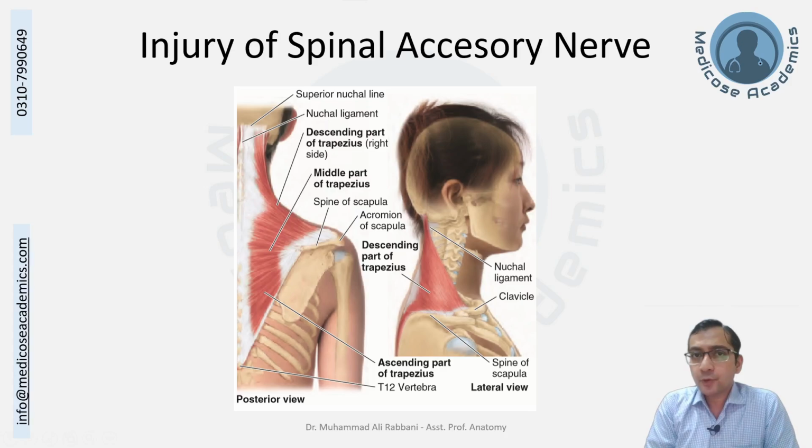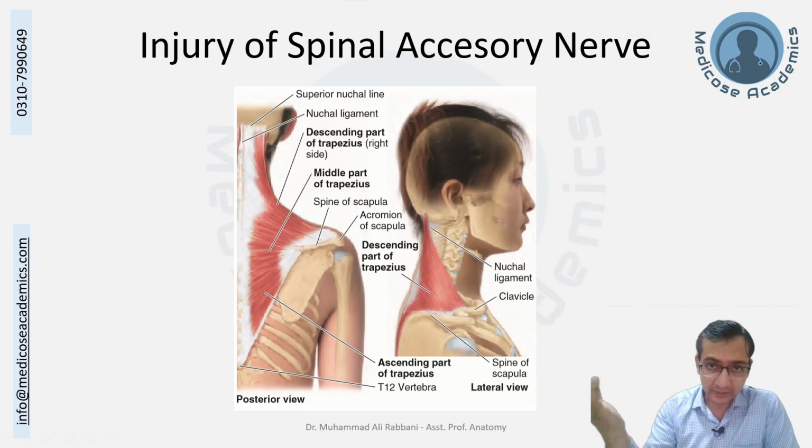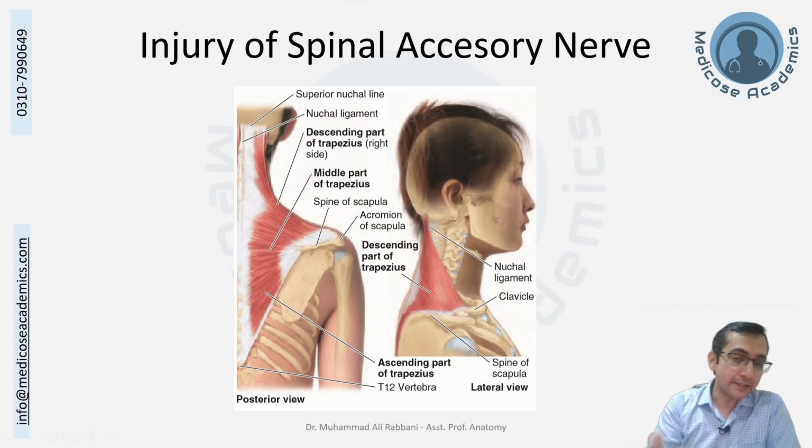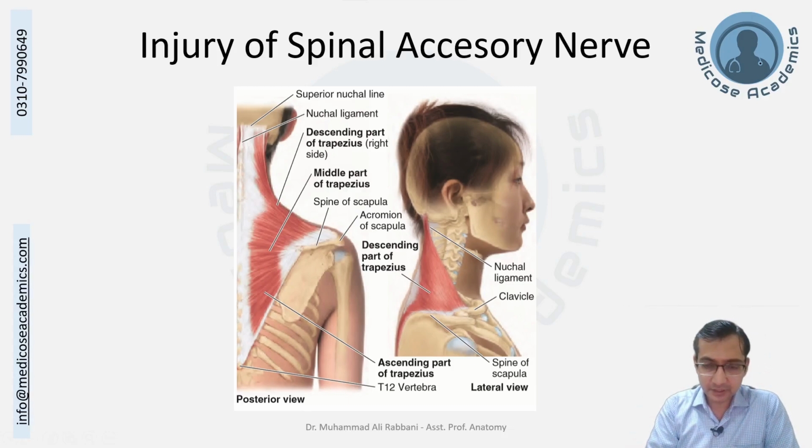For example, if you are given a question scenario regarding the inability to overhead abduct along with winging of scapula, then this is serratus anterior. If there is inability to overhead abduct along with drooping of shoulders, then this is trapezius and accessory nerve.